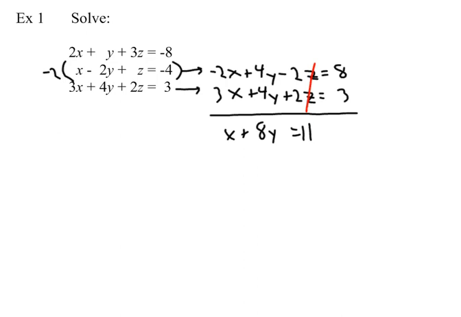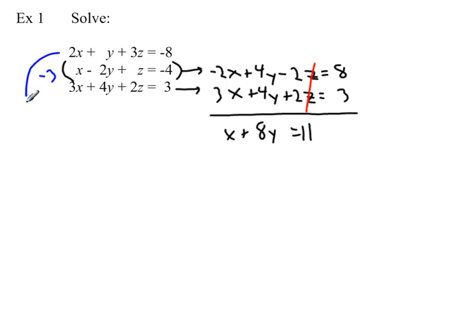Perfect. So now we need to add 2 different equations together to also try to get those z's to be eliminated. Okay, so in this case, I'm going to try to add the first and second equations. If I add the first and second, the z's won't be eliminated, but I want to multiply that second equation, in this case, by -3. And if we add that to the first equation, the z's will be eliminated.